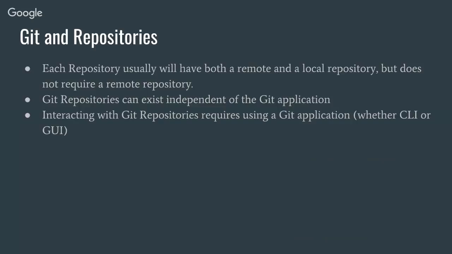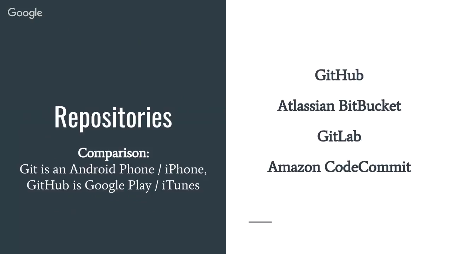So your Git repositories can exist independent of your Git application. When you've been on Drupal.org and downloaded that file, you actually downloaded a Git repository. Now, interacting with the Git repository requires using a Git application, whether the CLI or the GUI.